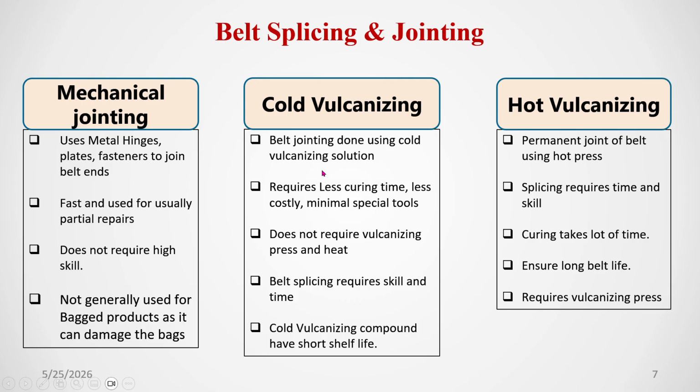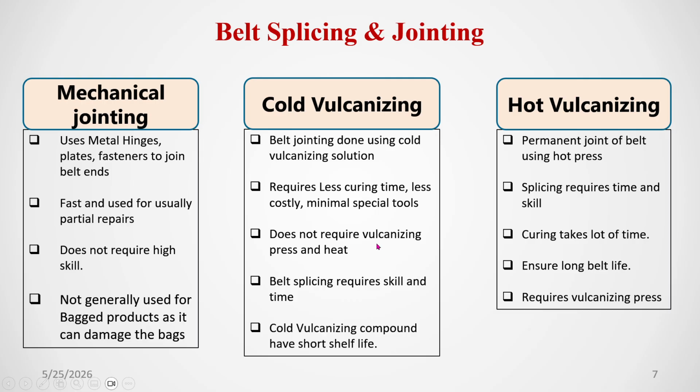Cold vulcanizing: belt joining is done using cold vulcanizing solutions. You use two solutions and then join the two ends of the belt material. It requires less curing time, is less costly, and minimum special tools are required.